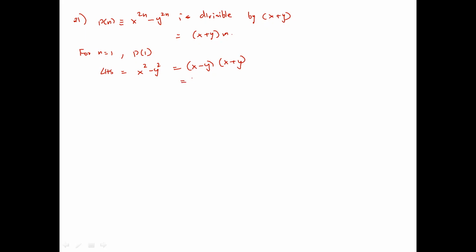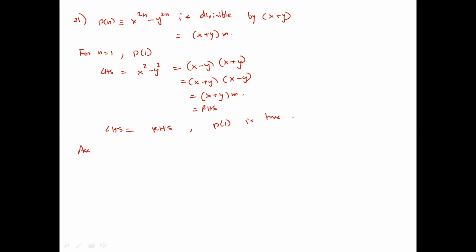That means (x plus y)(x minus y). That is, it is a multiple of x plus y. So we got this as equal to RHS, and we can say because LHS is equal to RHS, P of 1 is true.